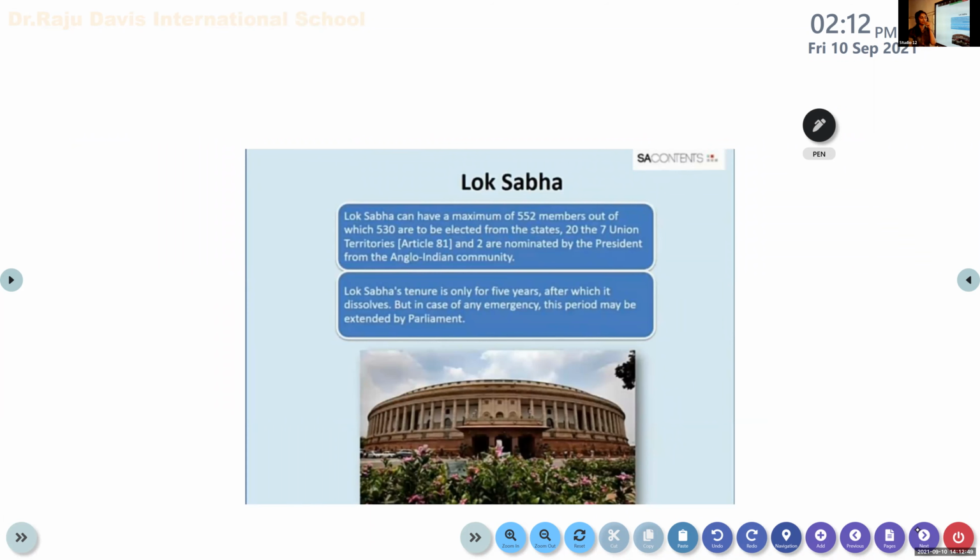See children, please note it down. Lok Sabha can have a maximum of 552 members, out of which 530 are to be elected from the states. That means for election purposes, each state is divided into various constituencies, and from all these constituencies the people will elect their representatives.